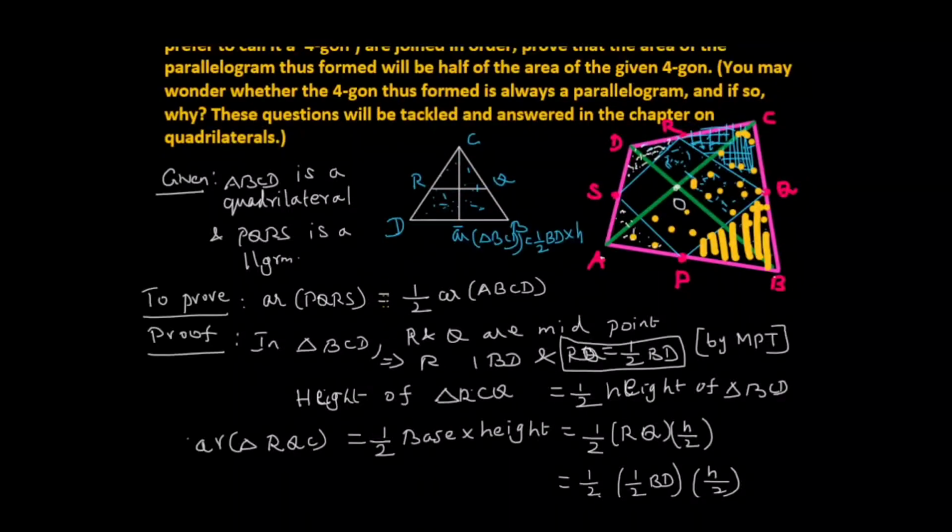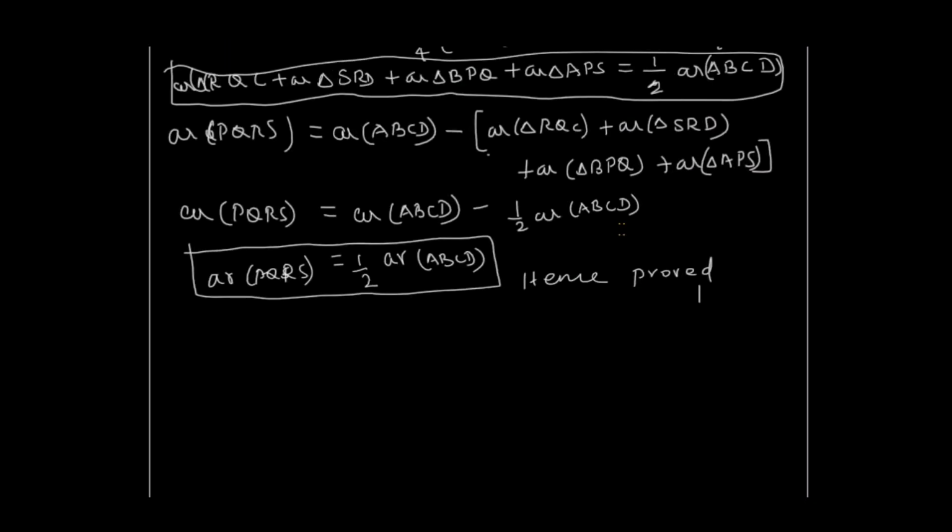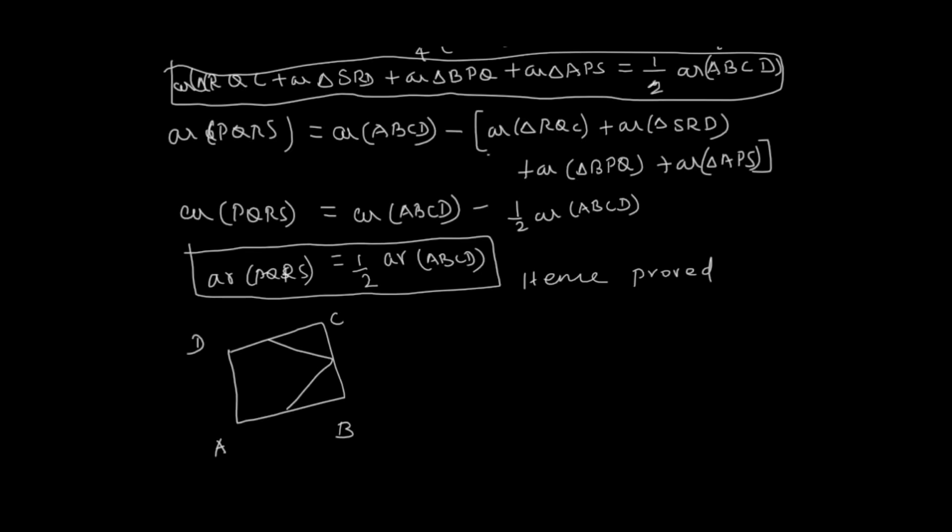That is, we are finding the areas of the 4 small triangles. We are removing those 4 triangles from the quadrilateral. So consider this is the quadrilateral A, B, C, D, and the midpoints are joined.